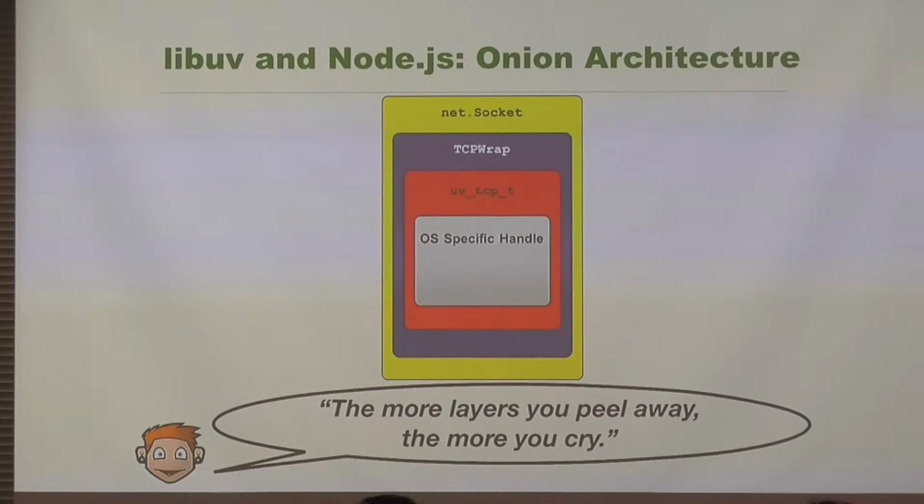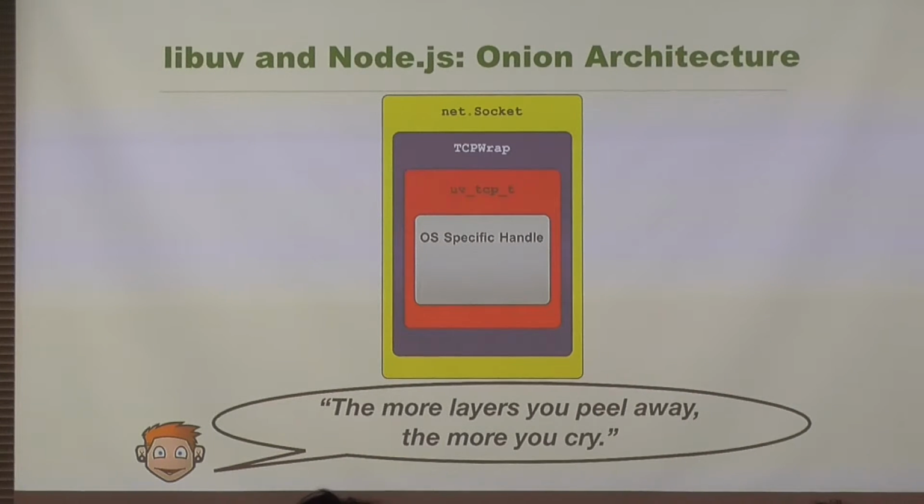But there was an underscore handle property, which I think has recently been removed or hidden, which points to this C++ object, a TCP wrap. And then the TCP wrap itself has its own handle, which points to a UV TCP type inside of libuv. And then libuv wraps whatever the actual operating system construct is, whatever the socket is on that platform.